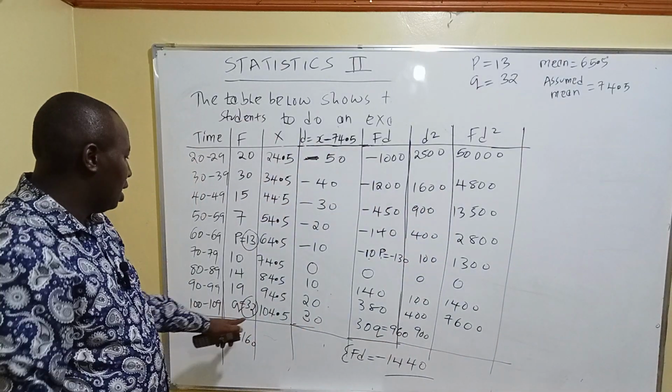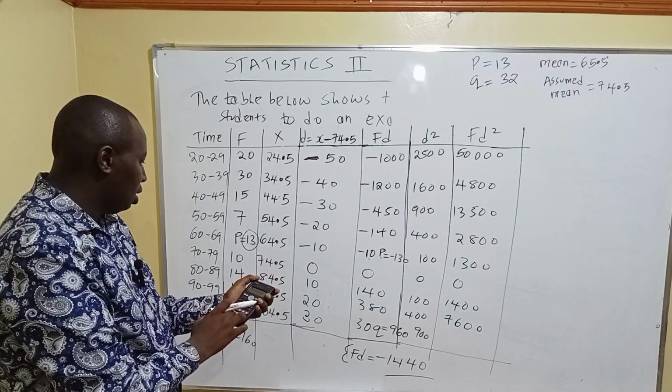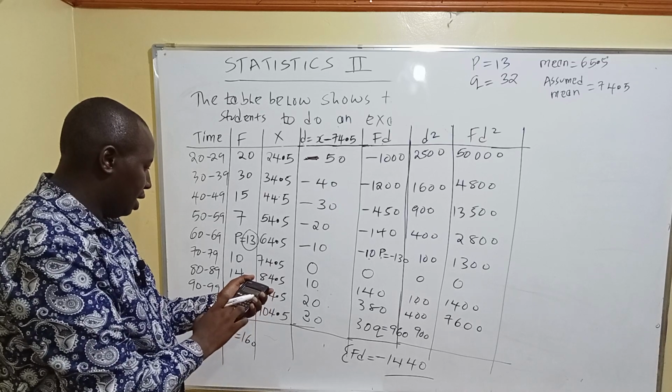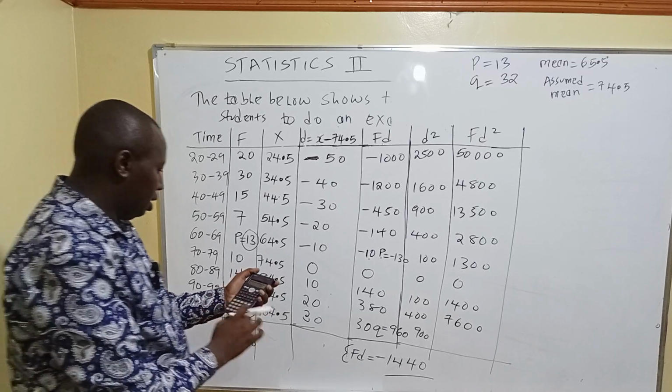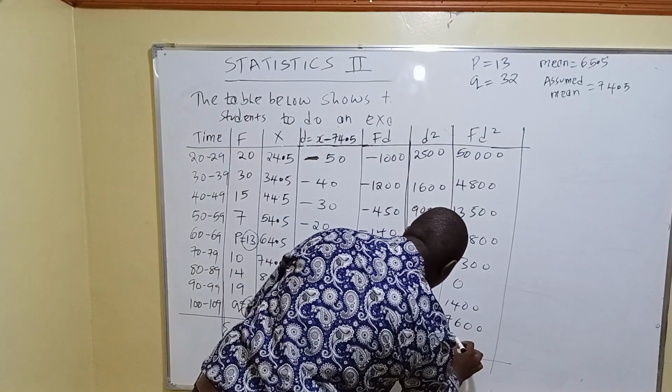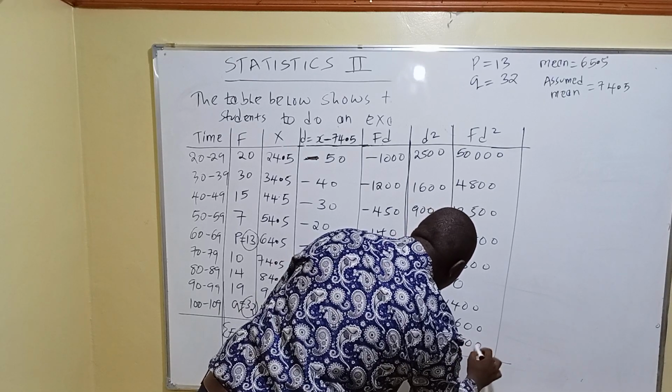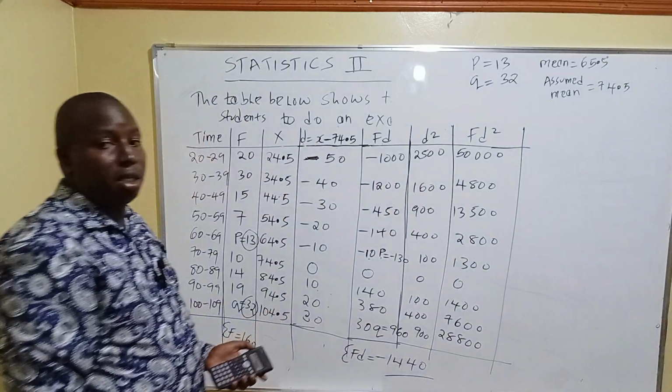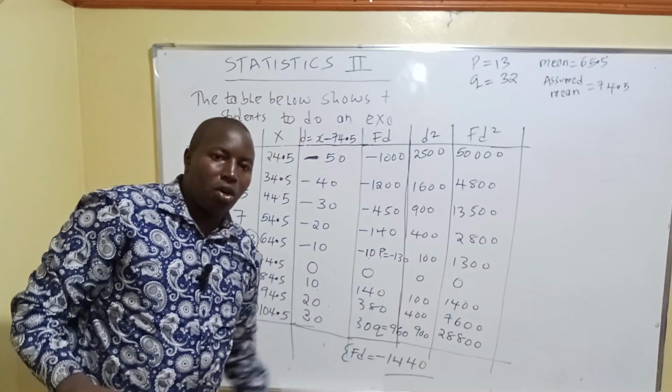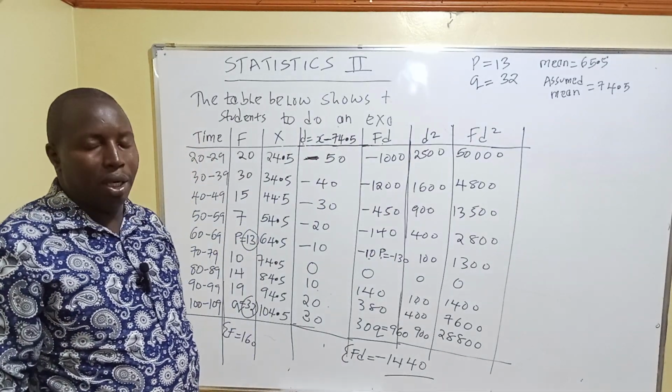And 32 multiplied by 900 becomes 28,800. So that is the column of FD squared.